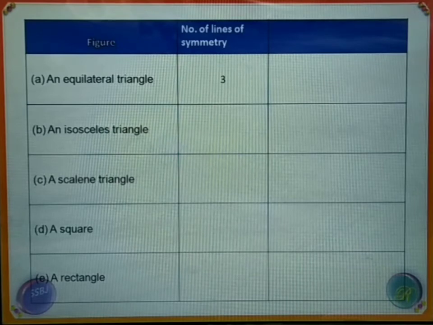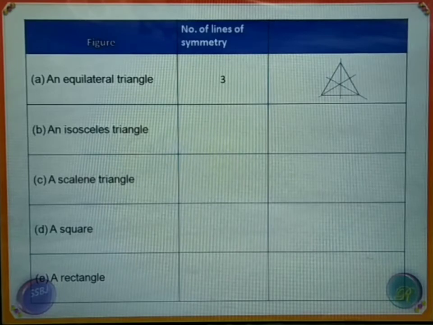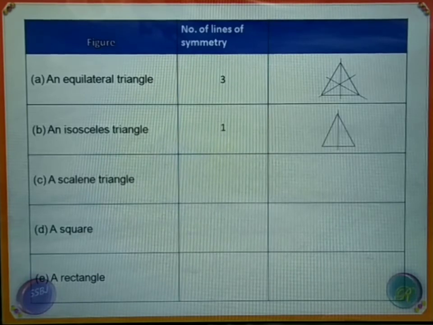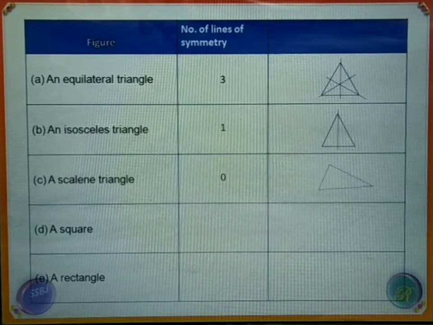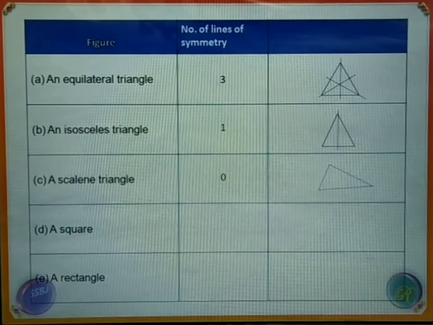An equilateral triangle has 3 lines of symmetry, which we can see in the figure. An isosceles triangle has 1 line of symmetry. A scalene triangle has 0 lines of symmetry, meaning no lines of symmetry. A square has 4 lines of symmetry. A rectangle has 2 lines of symmetry.